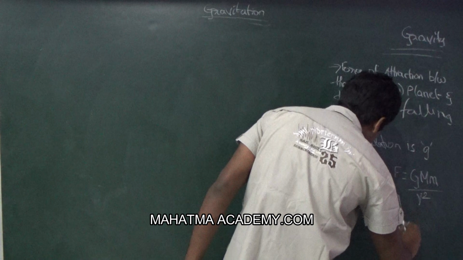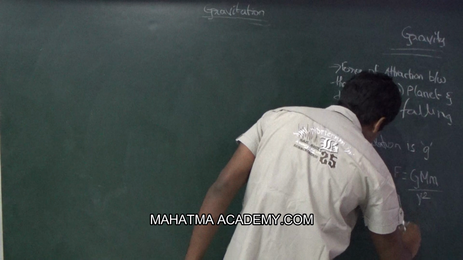Gravity is the force of attraction between the Earth or planet and the freely falling objects. The acceleration is g because it is freely falling. F is equal to mg, and the force provided is the gravitational force, that is G M upon r square. And g is equal to G M upon r square.